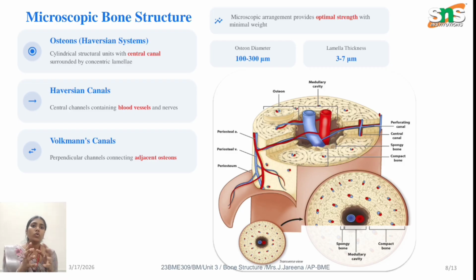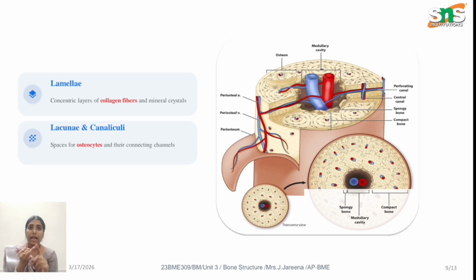You can also see the internal structure, which is beautifully arranged in many ring-like structures. There are different parts like lamellae, lacunae, and canaliculi, which you can see in each and every osteon. The bone is made up of so many osteons. If you look deep into each osteon, you can see the ring-like structure.